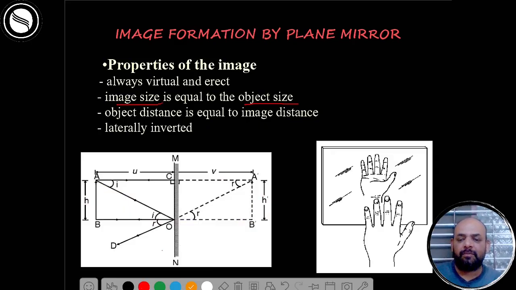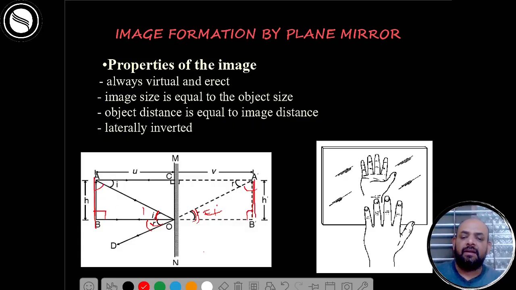The second thing we have to prove is that object distance is equal to image distance. That also we can prove with the help of congruency. Suppose this angle is I and this angle is R, and I equals R. These are vertically opposite angles, so this is also I, so this R is also equal to I. So these two angles are equal. Just now we proved that this side is equal to this side, and the third angle is also equal. So all angles are equal and one side is also equal.